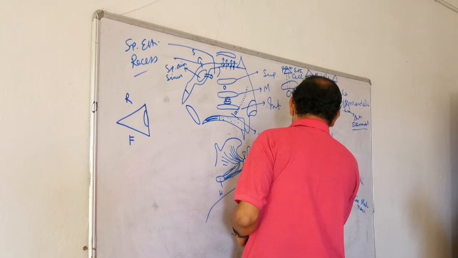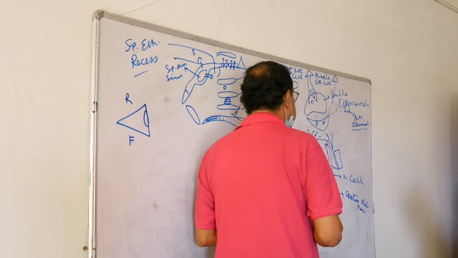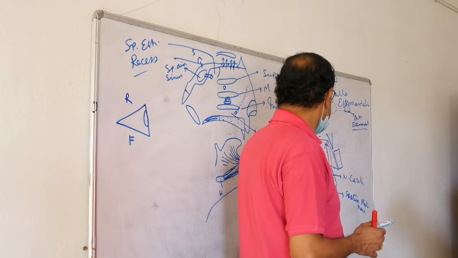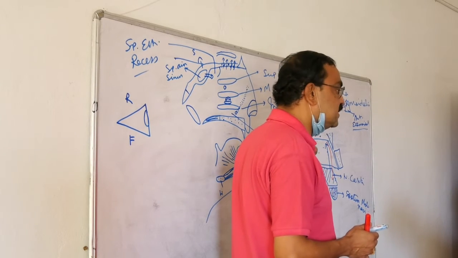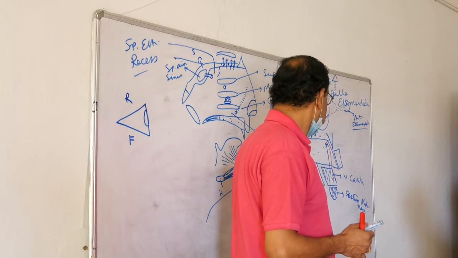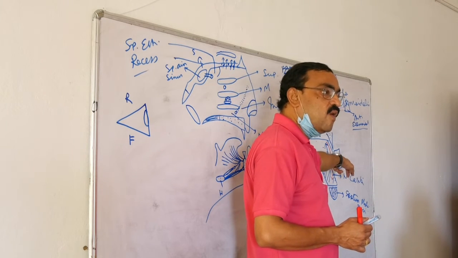Another artery is coming, this is the artery of the pterygoid canal. All these arteries are branches of the third part of the maxillary artery. And this one is from the ophthalmic artery.